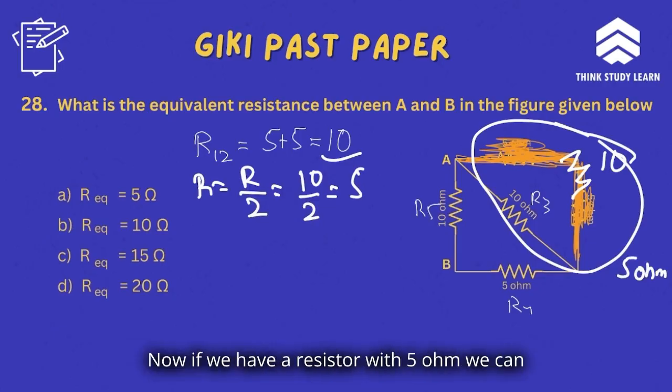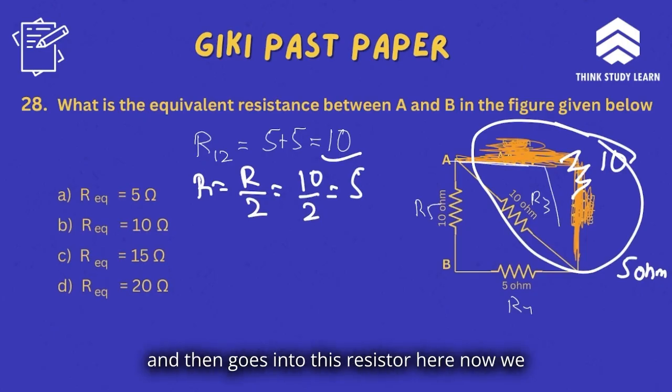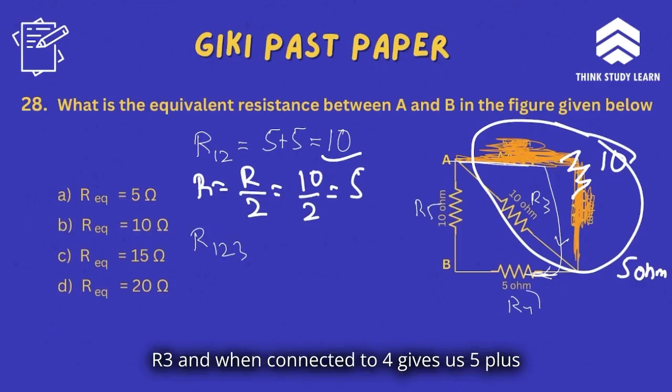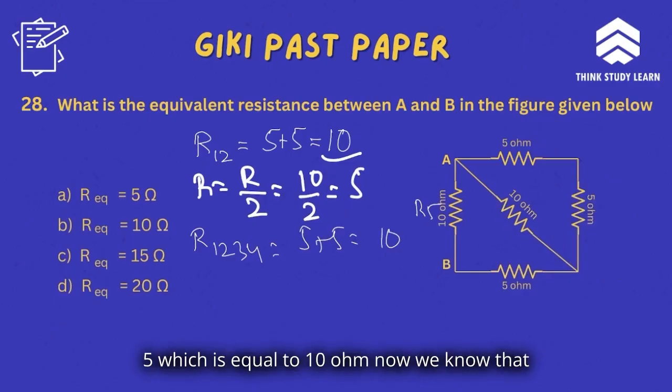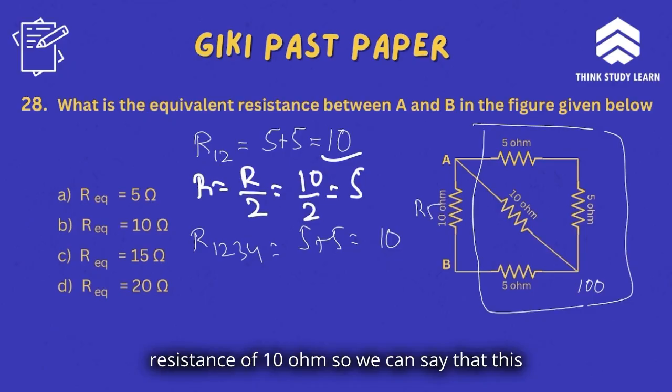Now the current passes through this resistor and then goes into this resistor here. Now we can say that these are connected in series. This R123 when connected to R4 gives us 5 plus 5, which is equal to 10 ohm. Now we know that this part of the circuit gives us the resistance of 10 ohm.